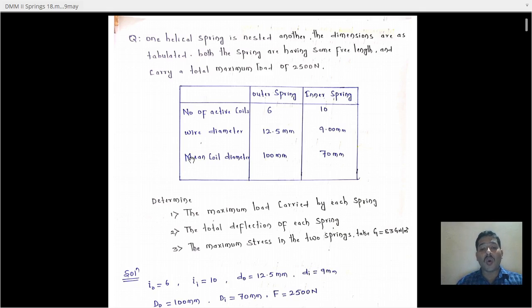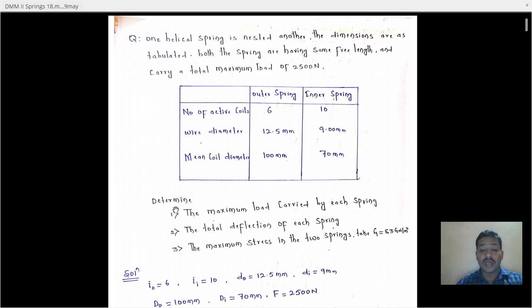The mean coil diameter of the outer spring is given as 100 mm and of the inner spring as 70 mm. So we need to determine the first condition, the maximum load carried by each spring.